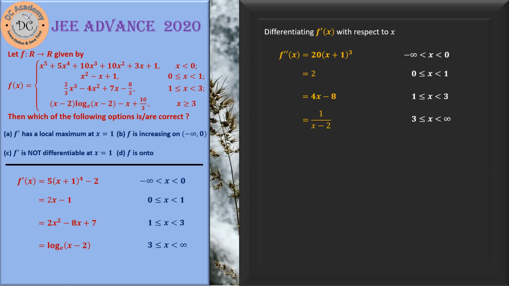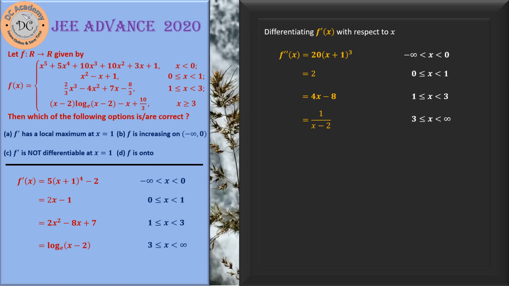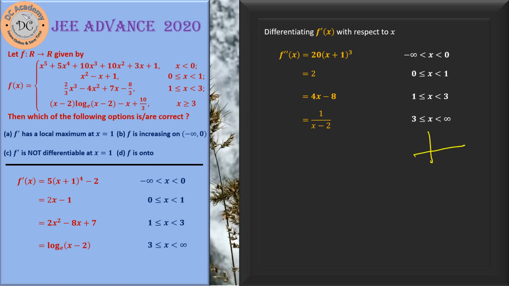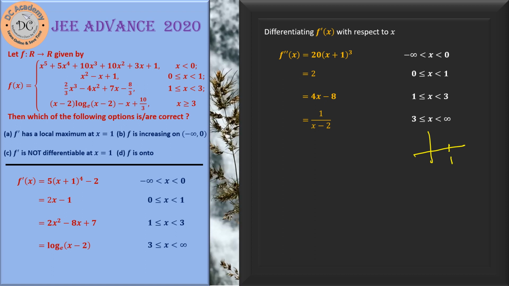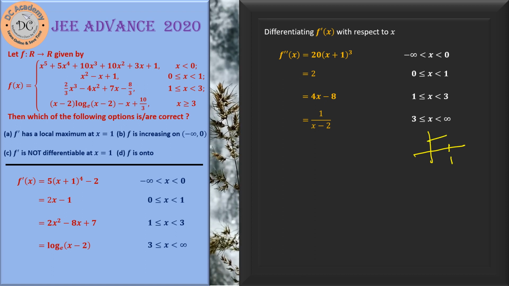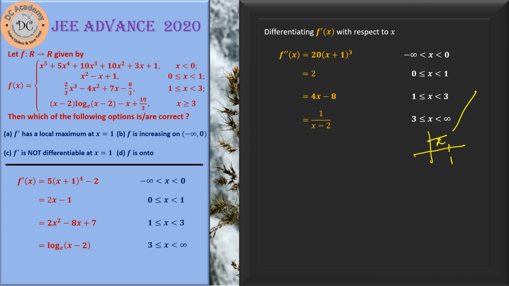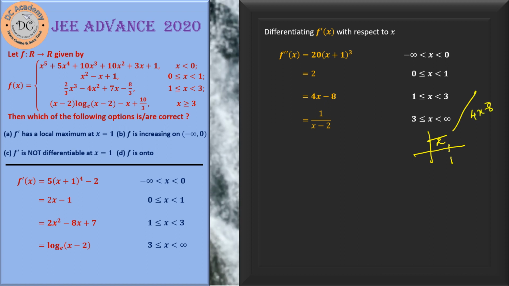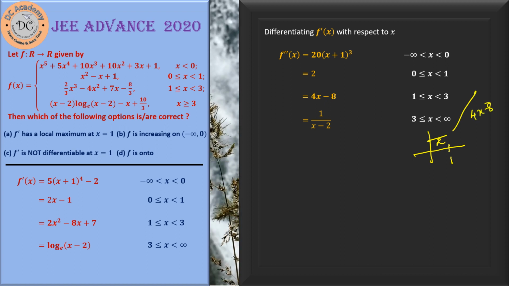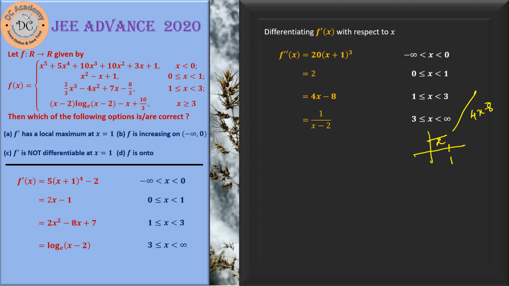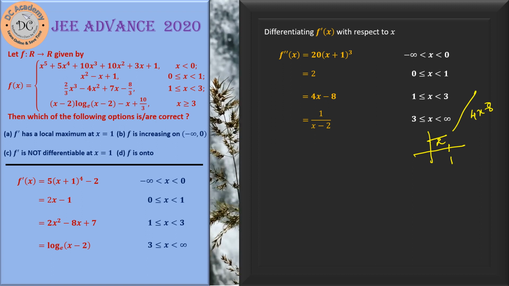So we concentrate on the definition of f double dash x. Notice that I mark the point x equal to 1. From 0 to 1, it is 2, and then it's a straight line, 4x minus 8. I don't draw it with a proper sketch, I'm just putting the definition at that area.